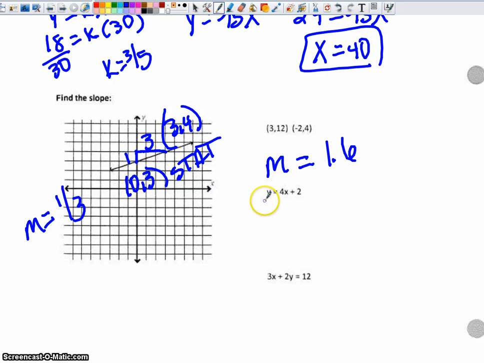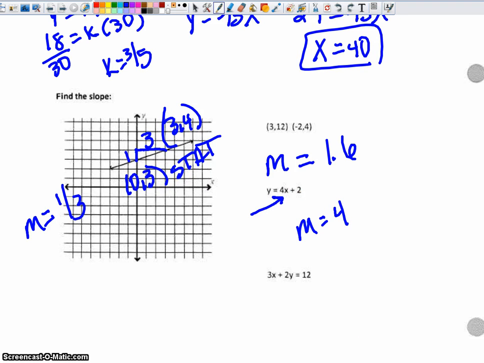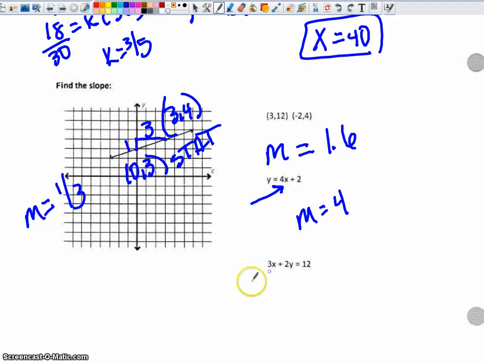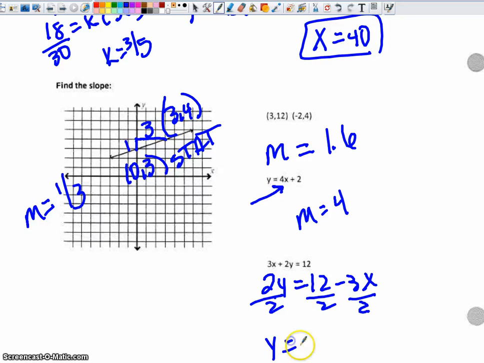When you have an equation and y is by itself, the slope is the number in front of x, m equals 4. If you have an equation and y is not by itself, you need to get y by itself. Move your 3x, so 2y is equal to 12 minus 3x. Divide everything by 2. So y is equal to 6 minus 1.5x. My slope is -1.5. Don't lose that negative.